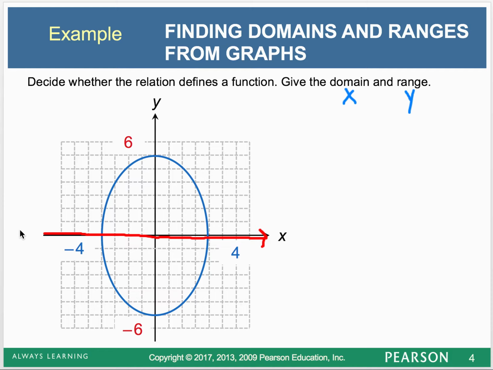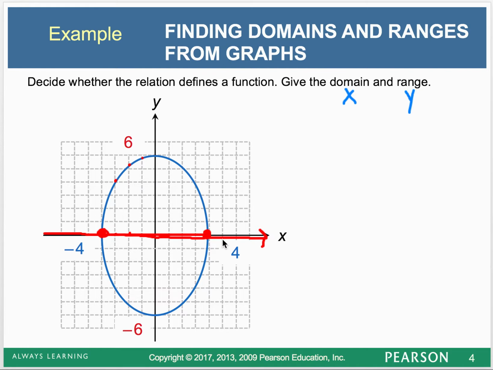Well, there's not any over here. None, no x values until I get right here. When I get right here, there starts being x values. For this x, there's a value of the function. For this x, there's a value. So 1, 2, 3, 4. So from -4 all the way over to +4, there are x values.